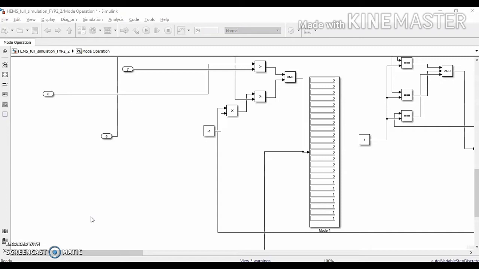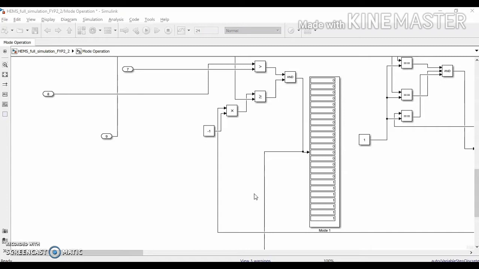For mode 2, the load priority is checked and the appliances are shifted based on the lowest priority. For mode 3, we consider the load is at optimum range.